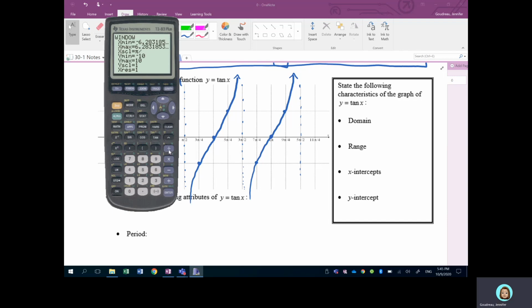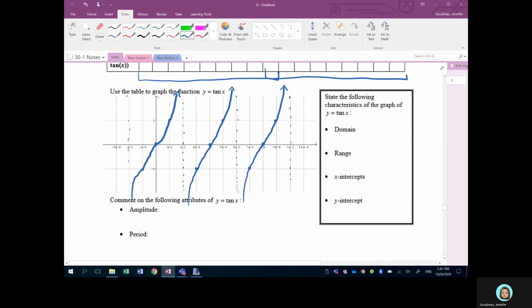Now this is not bounded. With sine and cosine, we're bouncing between 1 and negative 1. Tangent is definitely not doing that, so we don't need to worry about the y min and the y max. And there's tangent. Now, those vertical asymptotes are invisible. My calculator is graphing those vertical asymptotes, but they're invisible. All we see are the curves in between, and that is tangent.